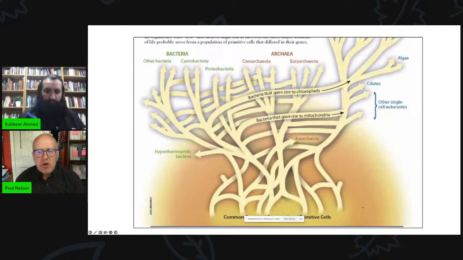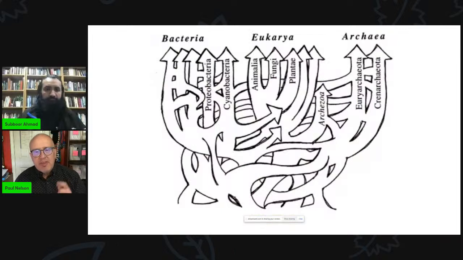But what I want you to notice here is the rooting of this wild kind of mangrove-like geometry for the early history of life. And notice that these lineages are not converging to LUCA. They are not coming together at the last universal common ancestor. What he has here in the figure, Doolittle describes as a common community of primitive cells. Now, this, I believe, and I think I'm right in saying this, is Doolittle's own drawing.